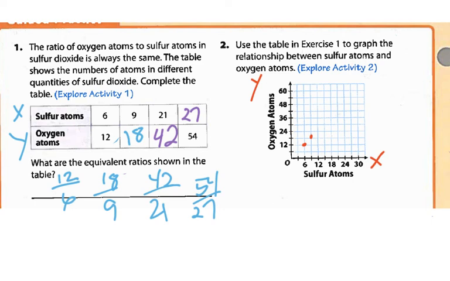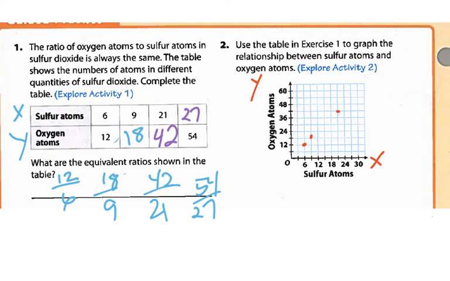Now I'm going to come over 21 on the X, halfway between 18 and 24, and go up 42, right there.